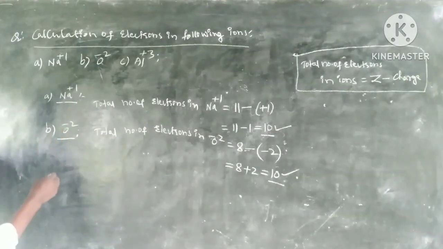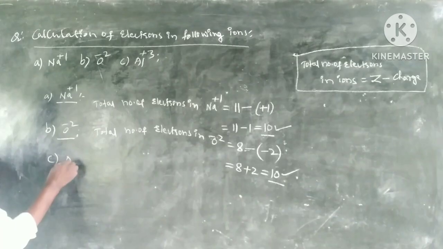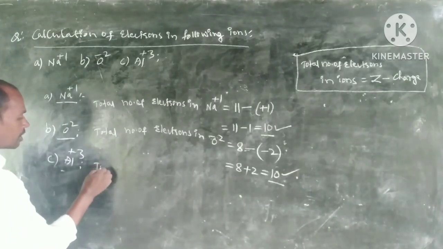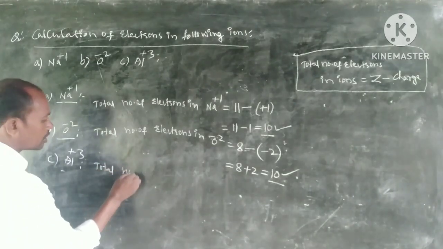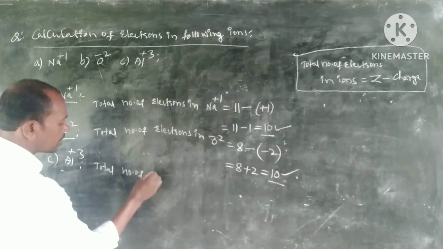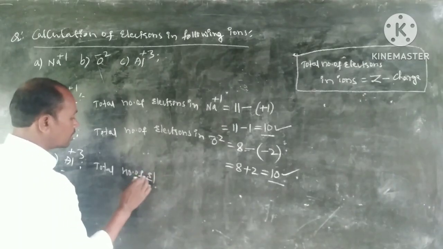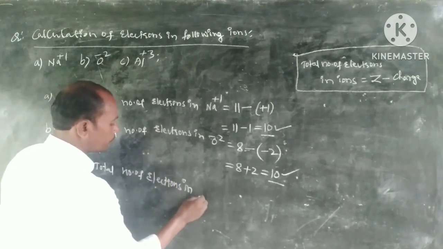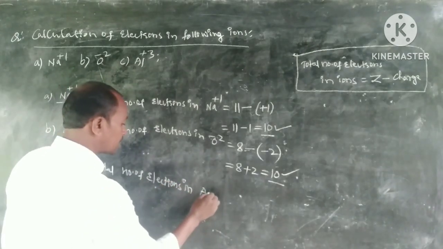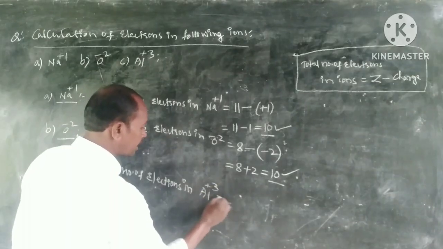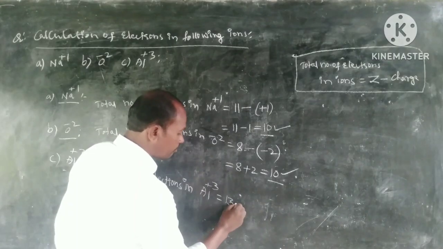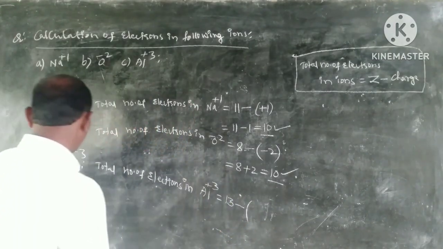Next we take C. Total number of electrons present in Al plus 3 is equal to the atomic number of aluminum, 13, minus the charge of aluminum, plus 3.